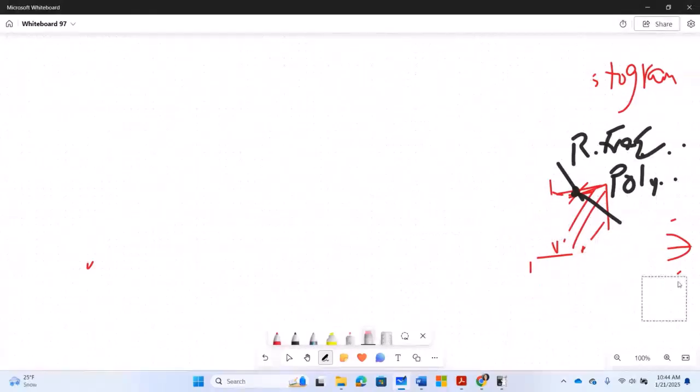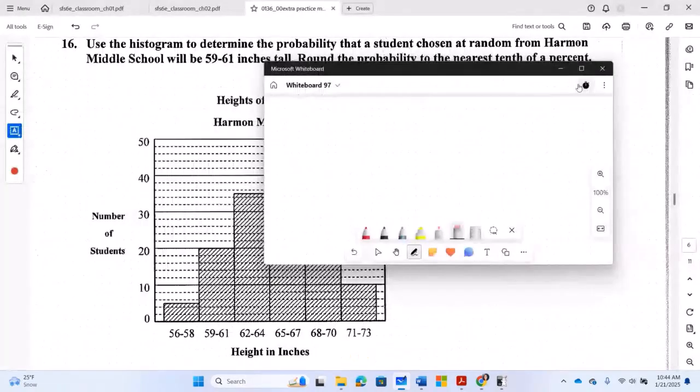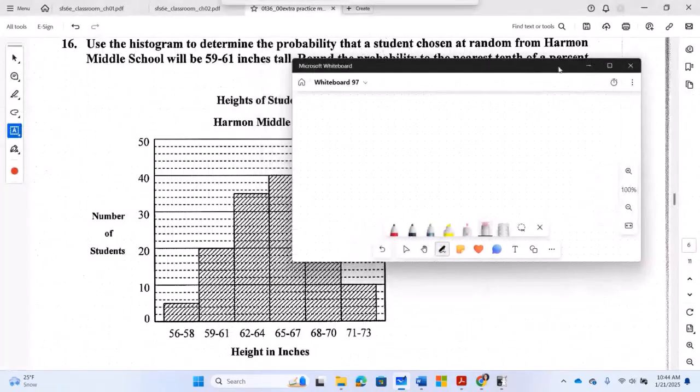So I'm given a frequency distribution table. Actually, I am given a histogram. So I am told to see if I can recoup some of the data. It's already created, so they didn't give me the raw data. I want to see how much of the original data I can create from here.